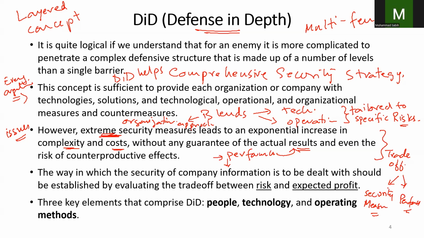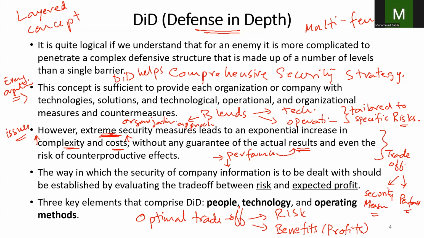And also the cost goes high, the complexity goes high because of all these extra precautionary layers. So what we talk about is we have to have an optimal trade-off, and this is a very interesting topic. Achieving an optimal trade-off is to achieve a balance between the risk and also the performance or the benefits, or you can call profits.